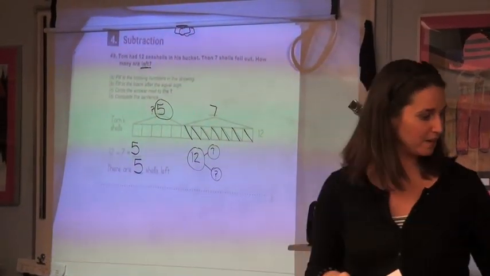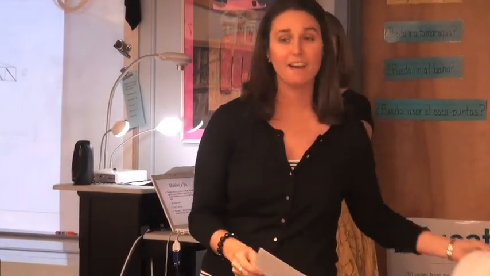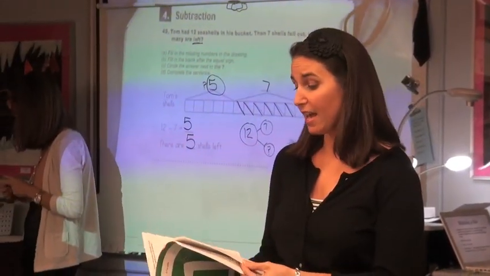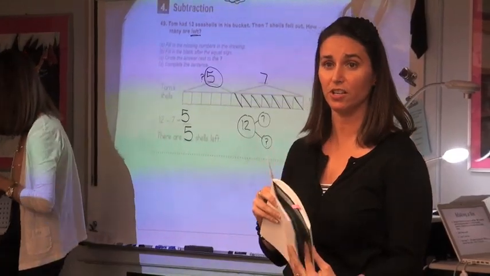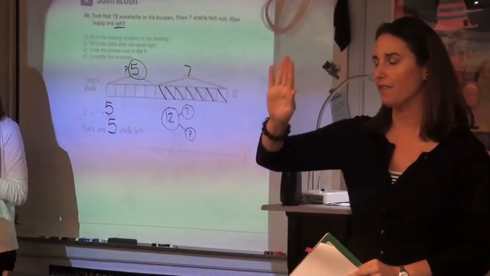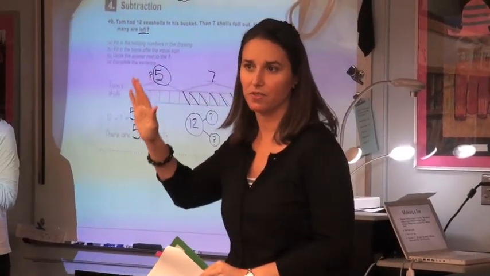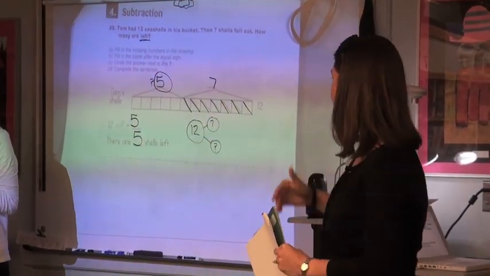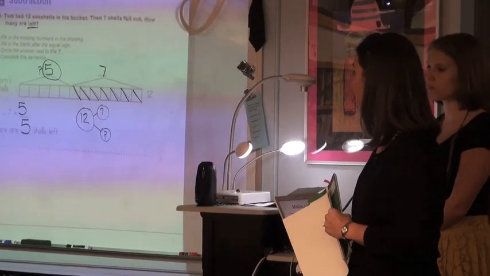What's great is that our model drawing books have a short section on multiplication at the end. Again, they show it as repeated addition, so 5, 5, 5 would be 5 times 3 equals 15. So it works really well with our program.